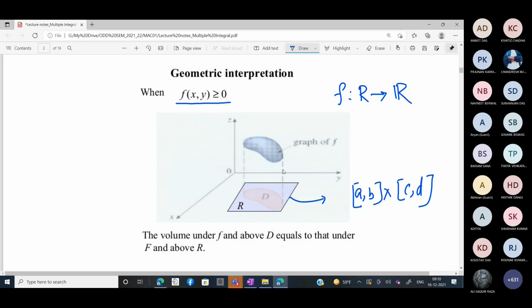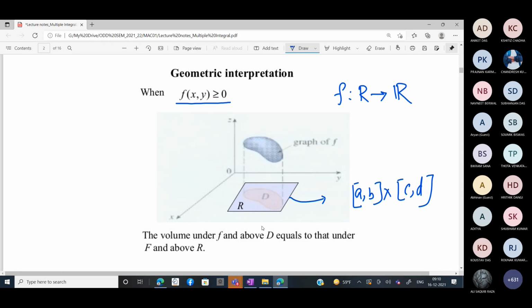So ultimately, the meaning of double integration is a volume, because the dimension will be 3. It is the volume under the graph of f and above the region D. D is basically the portion where it is projected on the XY plane.